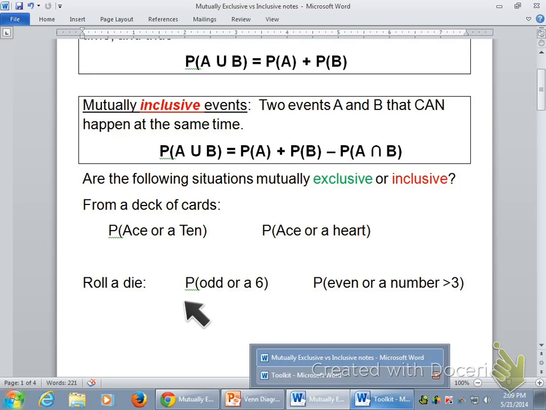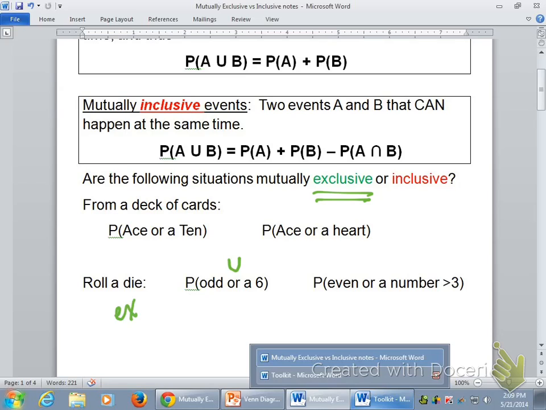I need to know the probability that I get an odd or I get a 6. So think about that. That's an odd. I can have an odd or a 6. Now, can they both happen at the same time? So these are exclusive. So I'm just going to add them up.